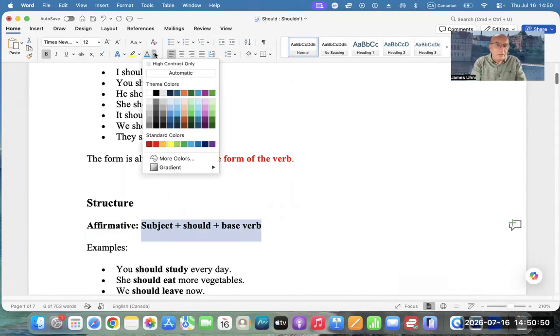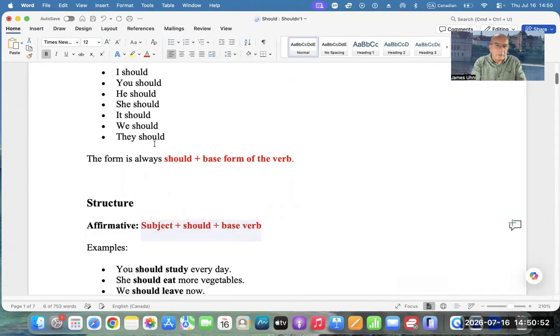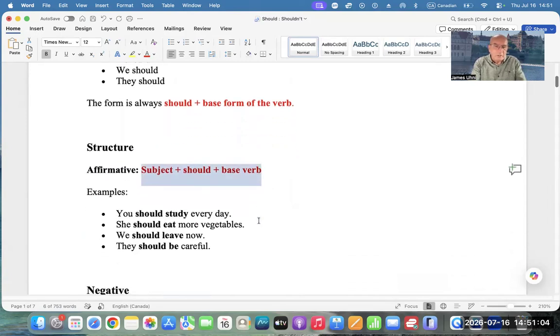So if I line it up in red color as well, we have subject, should, base form of the verb, base verb, same thing. There are no exceptions. It's just as it is.